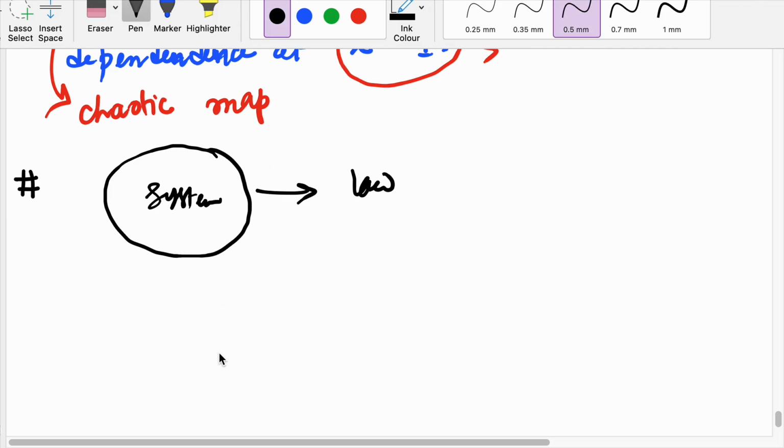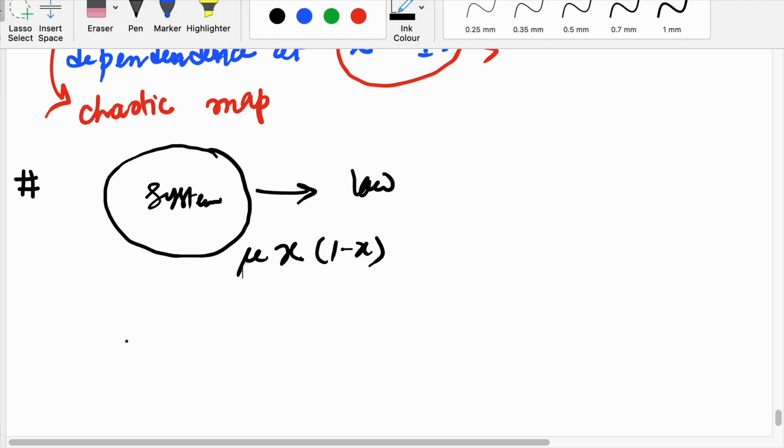However, we have seen that even a very simple equation, the logistic equation in this form, cannot predict the future because of our inability to give the exact initial condition, due to measuring instrument error or the precision error of the computer.